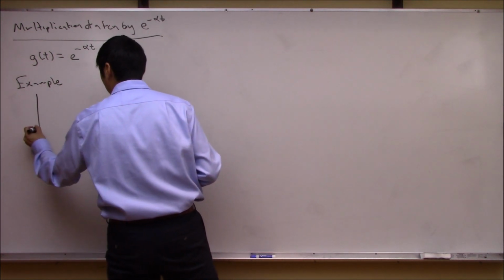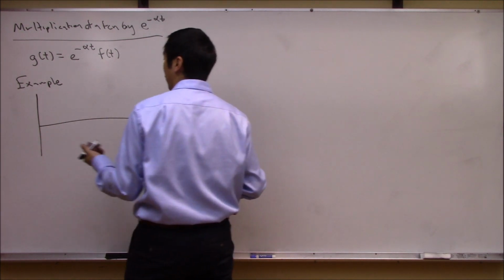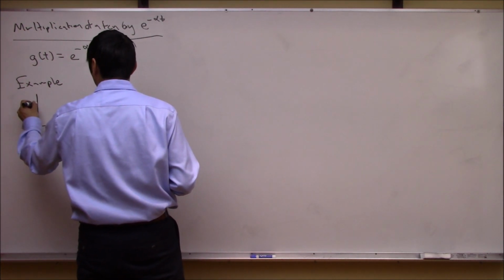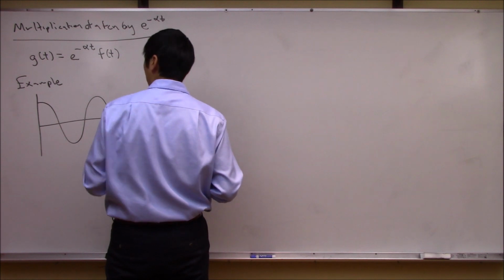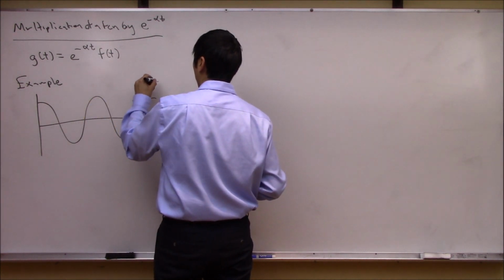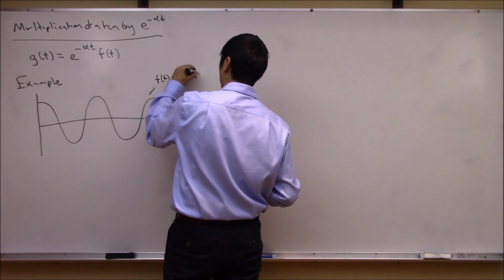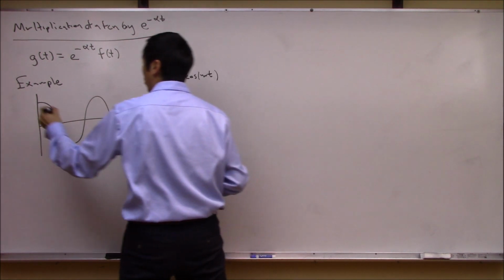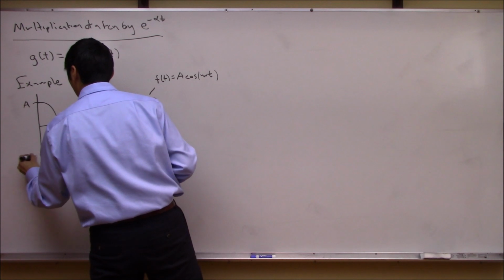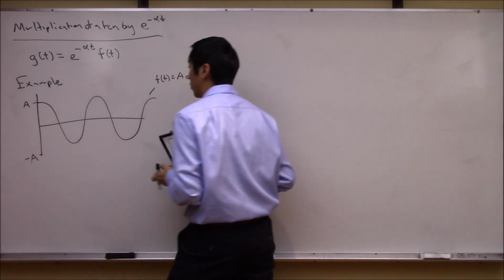So, for example, let's consider some function f of t as just a cosine wave. So this black line is f of t, which is a cosine omega t. All this thing does is oscillate between a and minus a with some angular frequency omega.